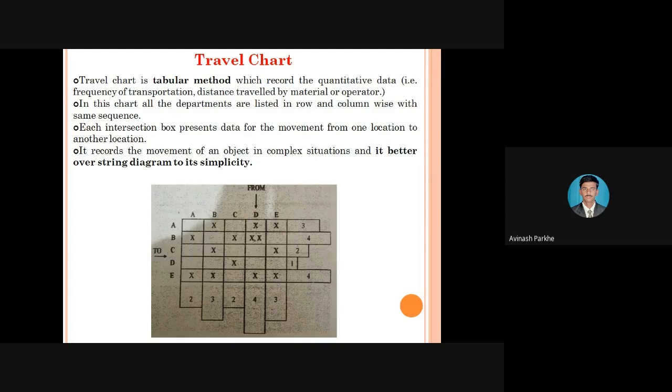From second to third, you have to take the string. From third to fourth, fourth to fifth, fifth to sixth. So for whatever number of locations we are visiting, at each and every location you have to take that string. The string diagram is very effective, no problem, but it takes a longer time to calculate the distance traveled by the operator and the material.